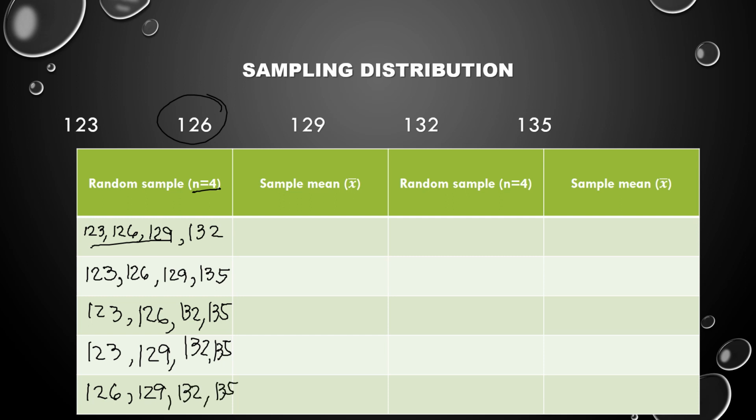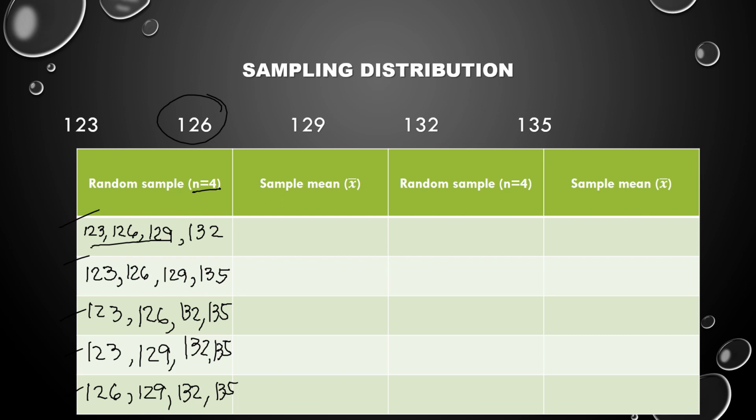Upon looking at that, you cannot come up with another four-number combination. So that is our last one. We have solved for the number of possible combinations we can come up with for this set of values as 5: 1, 2, 3, 4, 5 combinations. So we're done with that one.